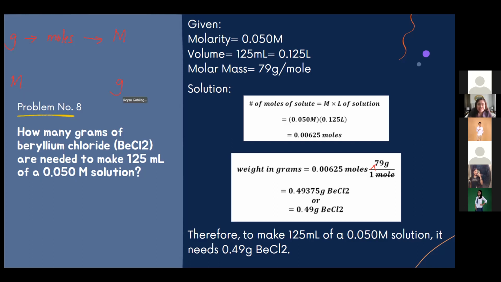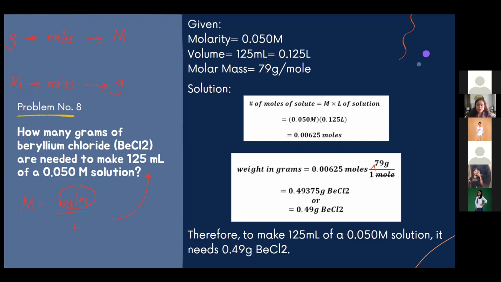So baliktad. From molarity, class, we will look for the number of moles before natin mahanap si grams. So yung molarity dito is 0.05. Remember, molarity is equal to moles per liter. Given si molarity dyan, hahanapin natin si moles. Si liters naman is also given. It's 125 ml. Convert mo lang.